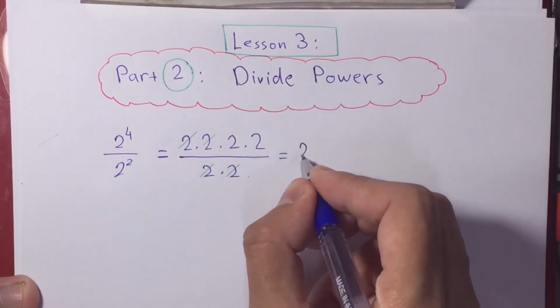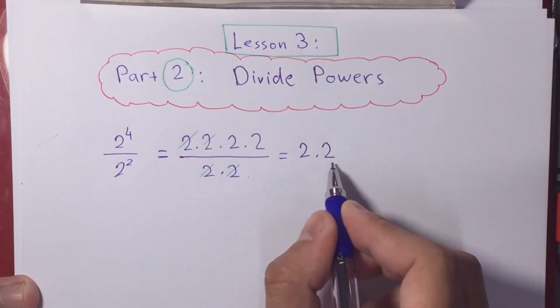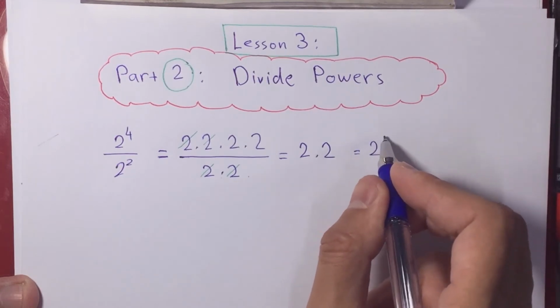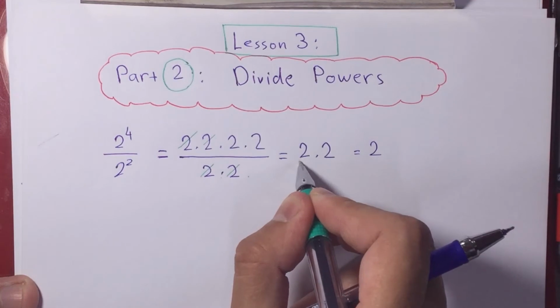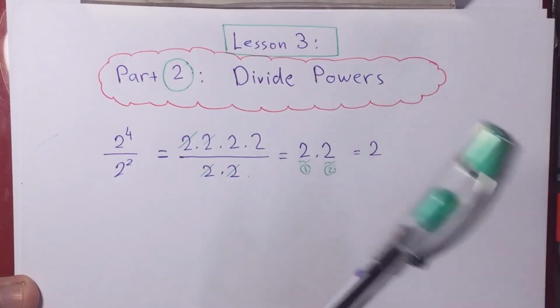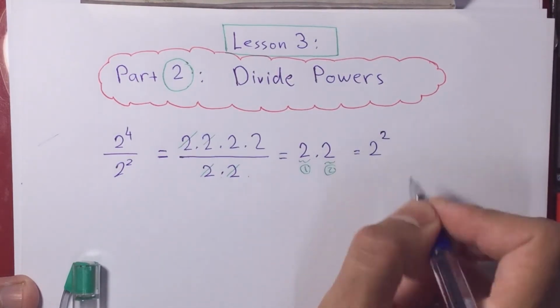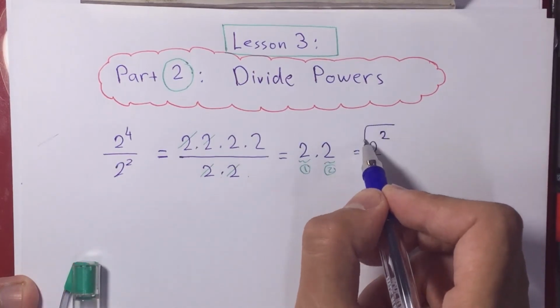We can write 2 times 2, and because they have both the same base, we can write 2 to the power of how much? This is a repeated factor, repeated 2 times. 1, 2. So we write 2 to the power of 2. So the answer will be 2 squared.